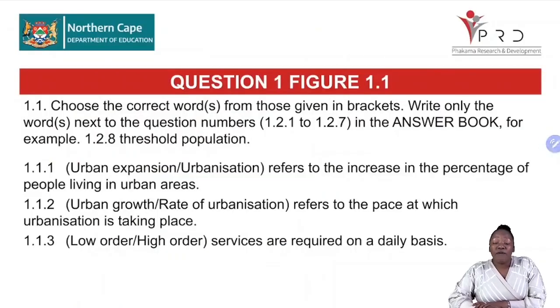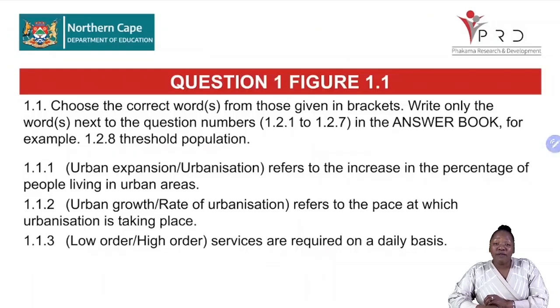Remember, we said our focus is on question 1. So under question 1, you will have the first figure, which is figure 1.1. Your figure 1.1 is your short objective questions. They may come as column A as well as column B, or you have to choose the terms in the brackets that will make the statement correct, or you can be given multiple choice questions.